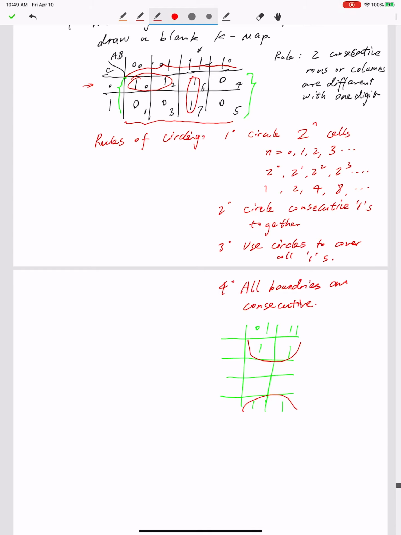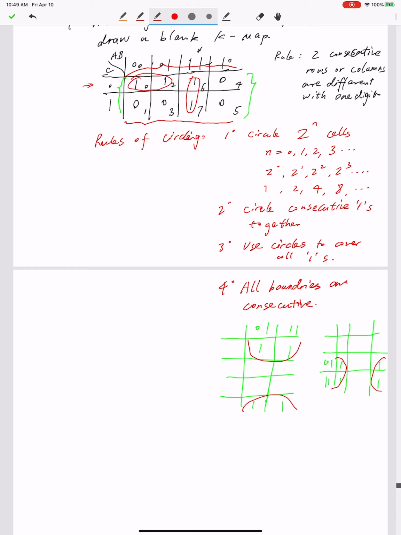For another example, if we have this scenario, this is 0, 1, 0, 1, 1, 1, let's say. We have 2 ones on the left and 2 ones on the right. Then we can circle these 4 ones as a single group because the 2 vertical boundaries, or 2 vertical edges, are consecutive or neighborhood.